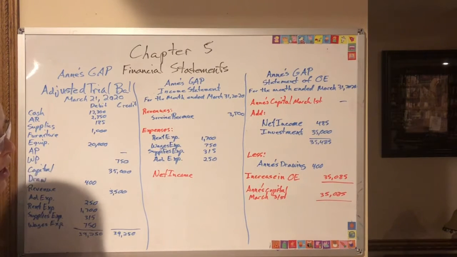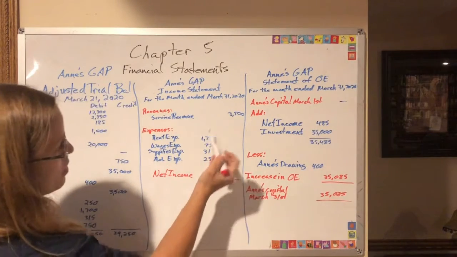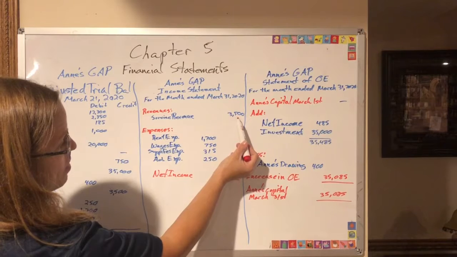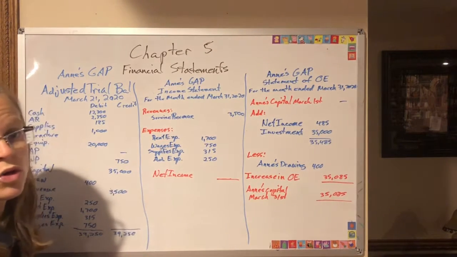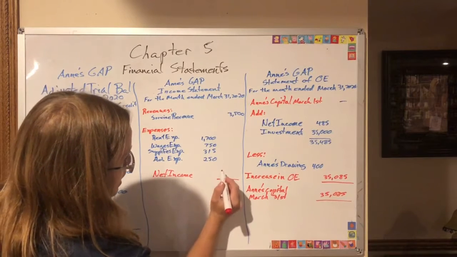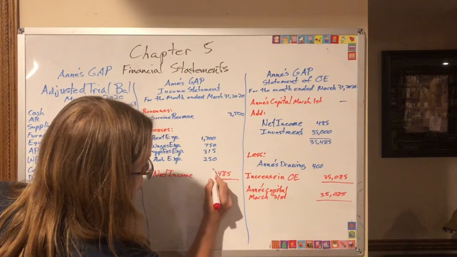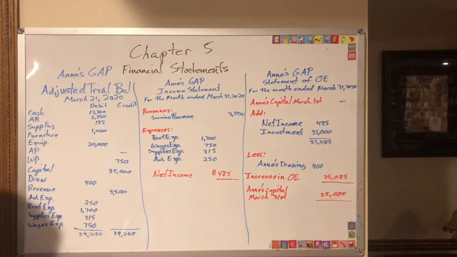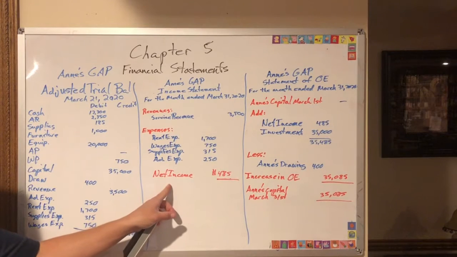So our net income is, we take the $3,500 and we subtract the expenses here, and we get a total of $485 for our net income, right? So our total is $485 for our net income.